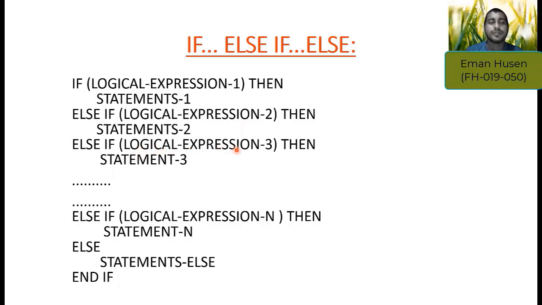If the result is true, then statement 3 is executed, followed by the statement after end if, and so on. In general, if logical expression n is true, then statement n is executed, followed by the statement after end if. Otherwise, Fortran continues to evaluate the next logical expression. If all logical expressions are false and else is there, then the else statement is executed.